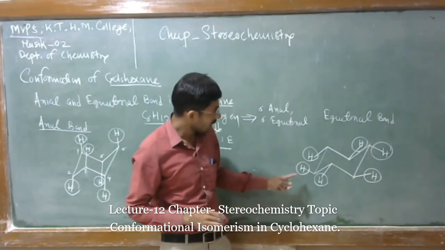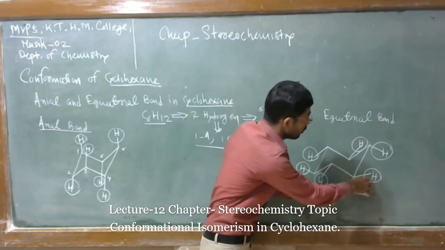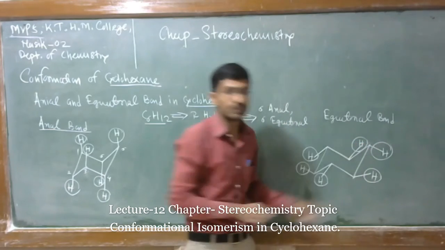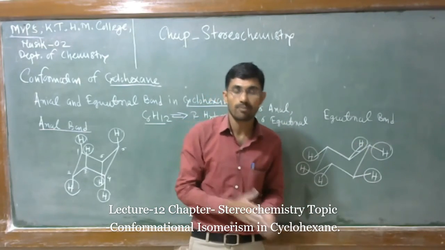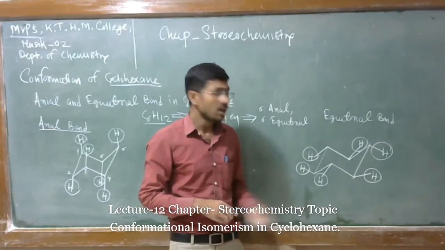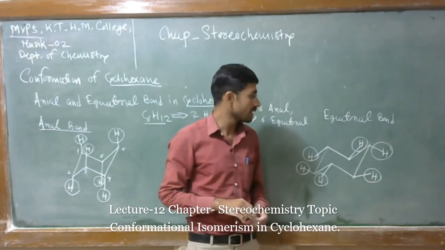We can observe that this is above, this is below, this is above, this is below, like that. This means the above and below plane bonds are present alternately here.